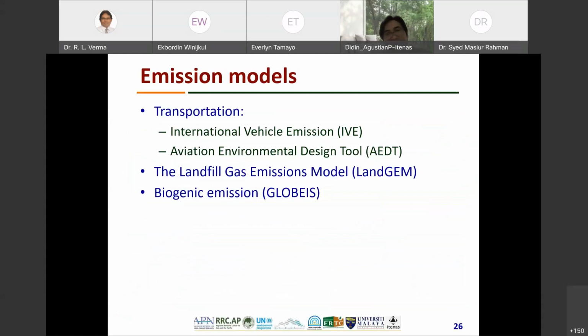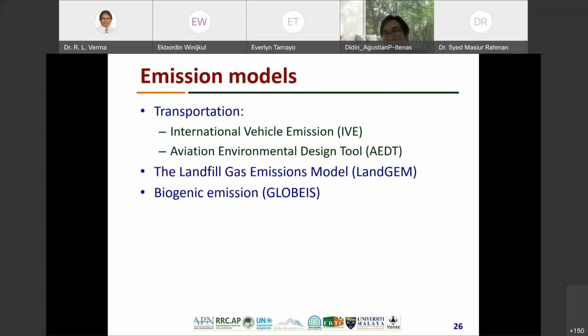Okay, so the next part, I would just like to give you some highlights of the available emission models. The first one is for transportation sectors. Just to give some examples, you can use these tools to compile an inventory of on-road mobile transport in your city. We have a tool named International Vehicle Emission, or IVE.